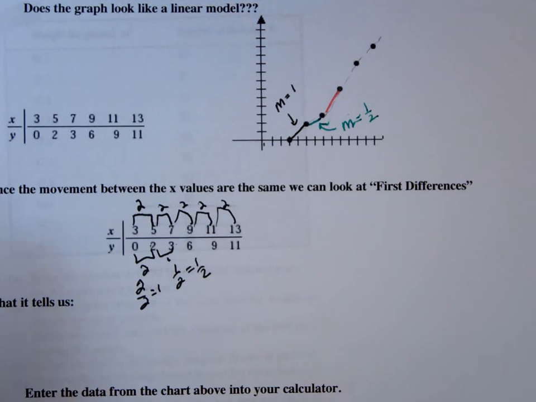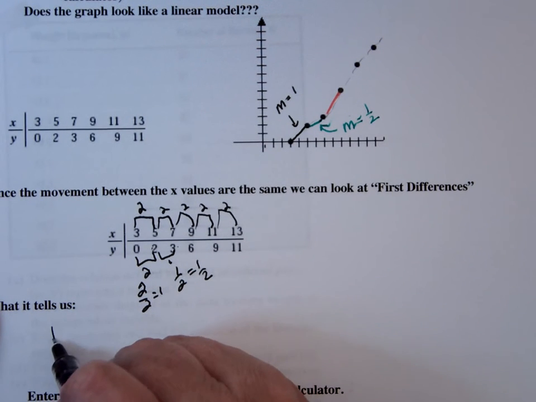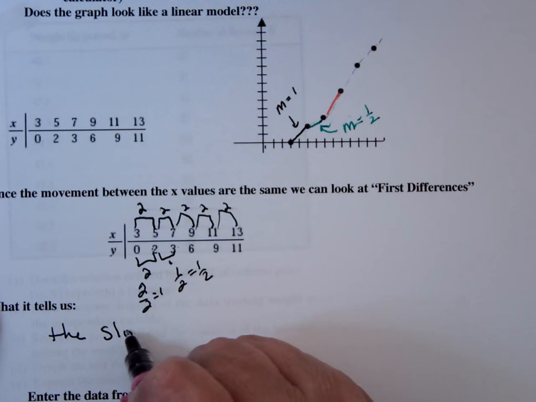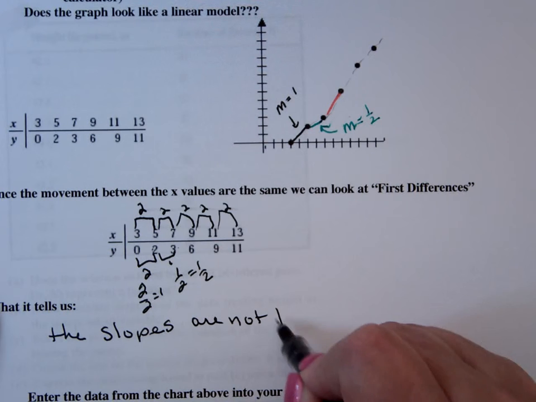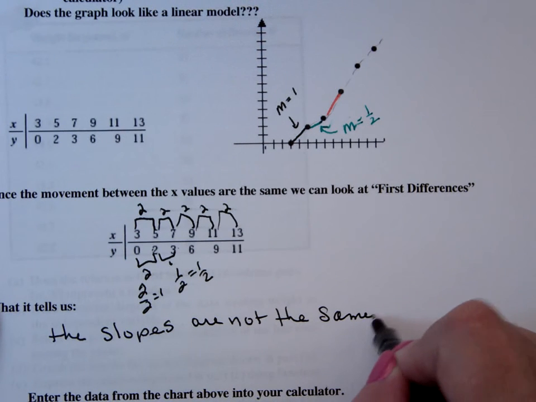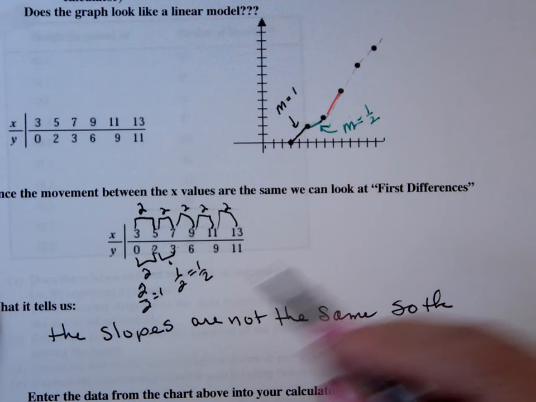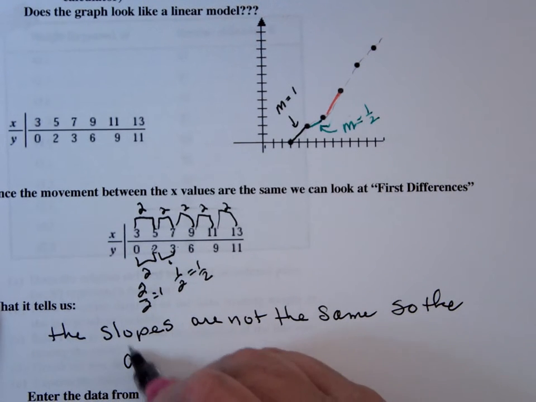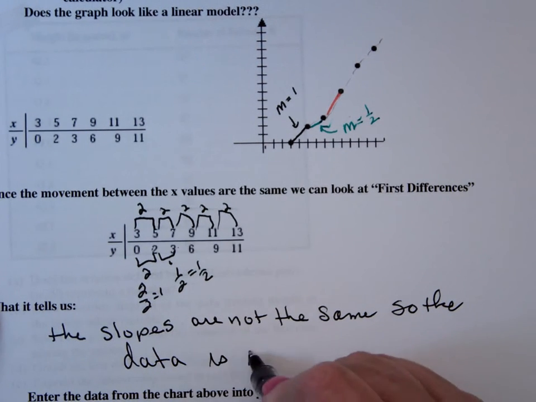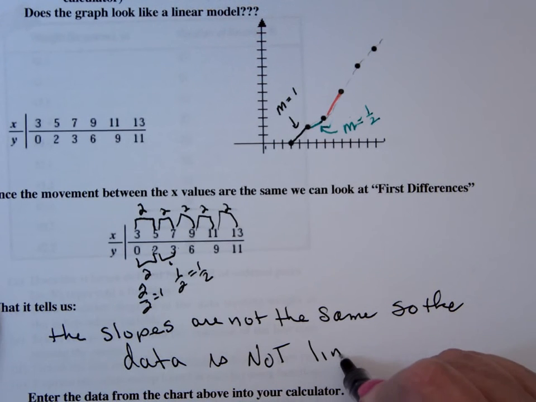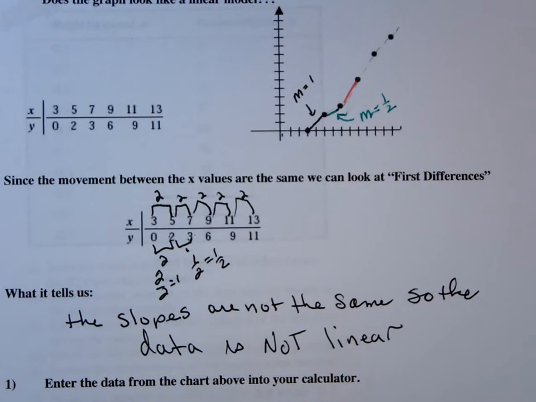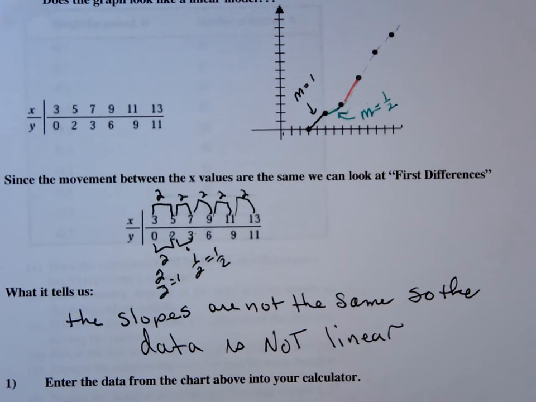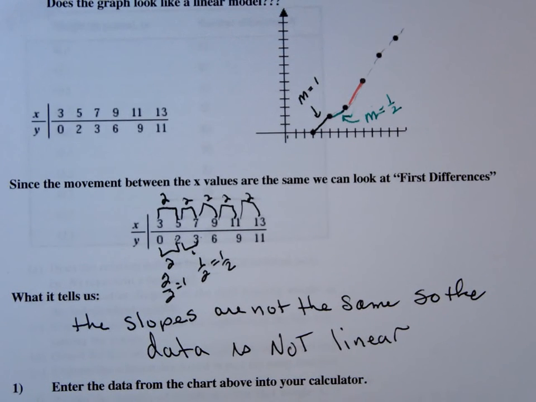It's not. The slopes are not the same, so the data is not linear. That means when I go to actually do it, I'm not going to have a perfect correlation coefficient.